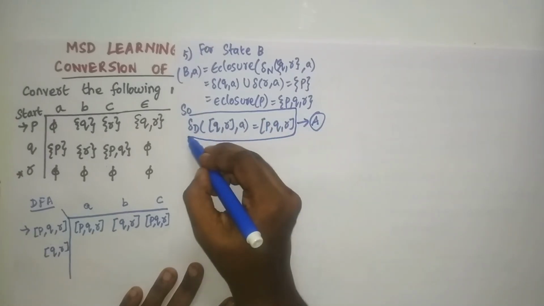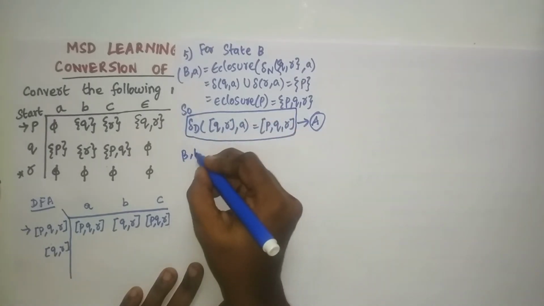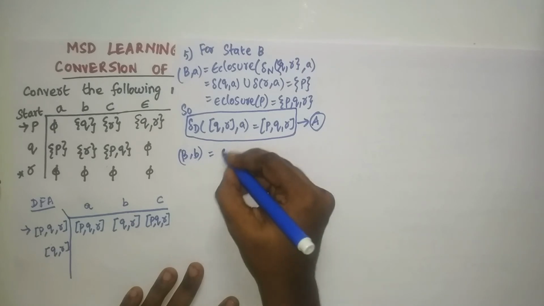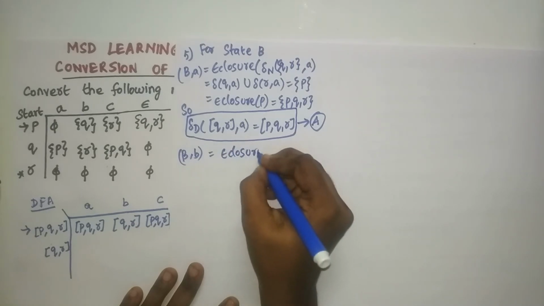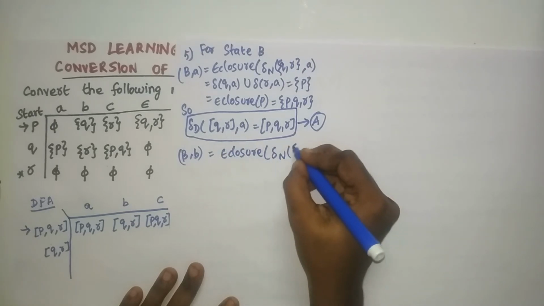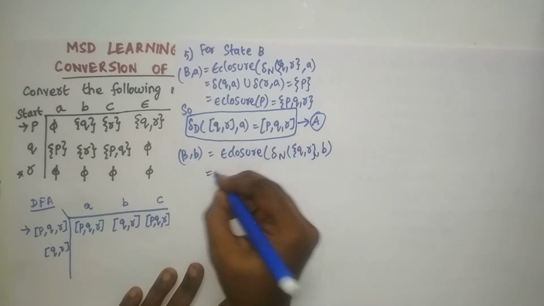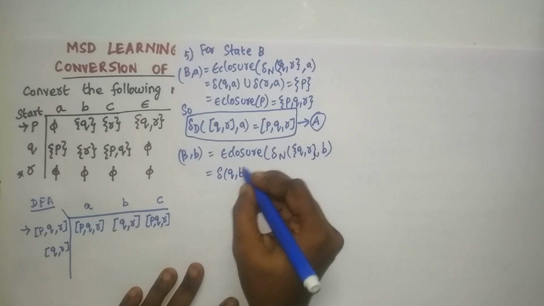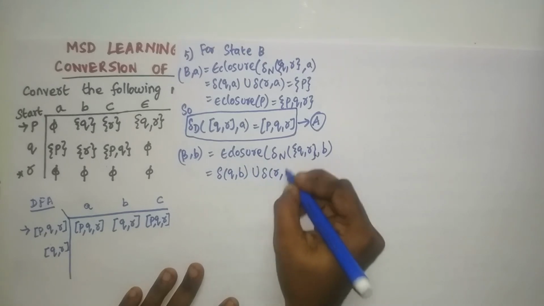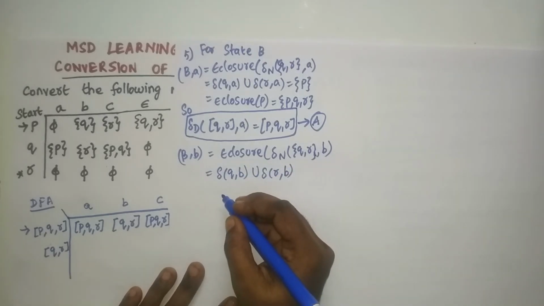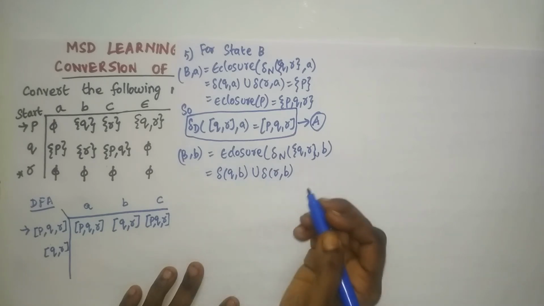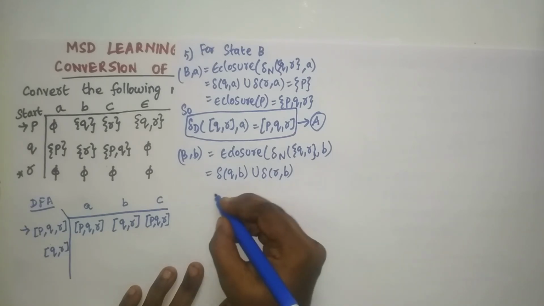Now we have to process B on small b. For small b, it is the epsilon closure of δN of {Q, R} on b, which will be δ of Q on b union δ of R on b. So Q on b is R and R on b is empty.